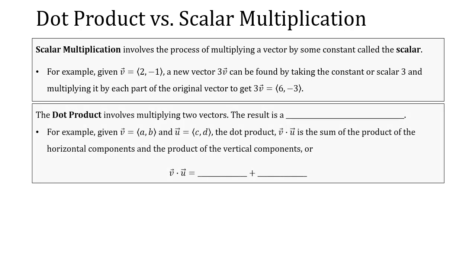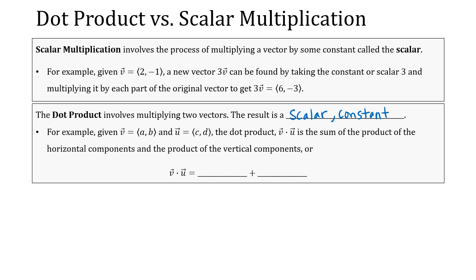The dot product is another type of multiplication, but it involves multiplying two vectors. The result is a scalar or a constant. For example, given the position vector ⟨a, b⟩ and the position vector ⟨c, d⟩, the dot product of v with u is the sum of the product of the horizontal components and the product of the vertical components.